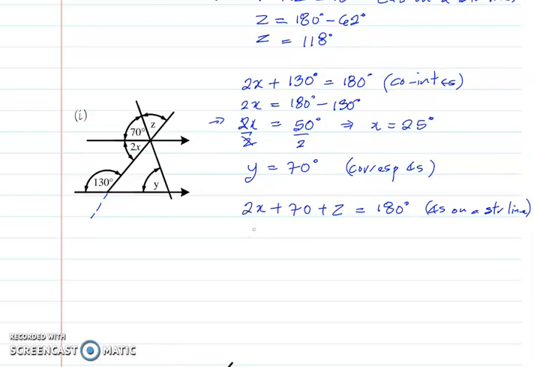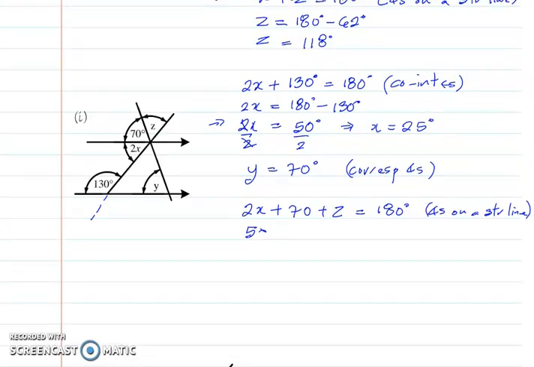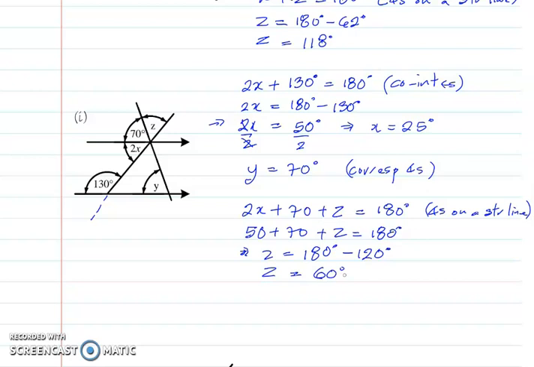So we have what? 50 plus 70 plus z is equal to 180. Therefore, z is equal to, now 50 plus 70 is 120. Positive 120 goes over and becomes negative. So it's equal to 180 minus 120. So z is equal to 60 degrees.